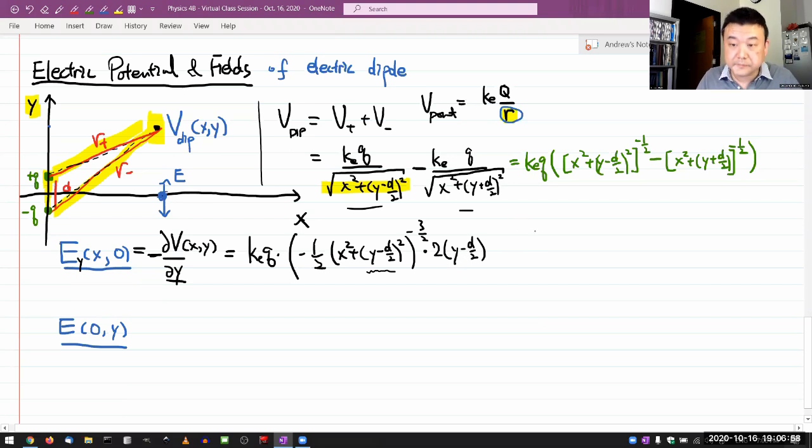So I'm done there. And then let me do the second term, which will give me minus times another minus, so plus 1/2 times x squared plus y plus d over 2 squared, to the minus 3/2, times 2 times y plus d over 2.